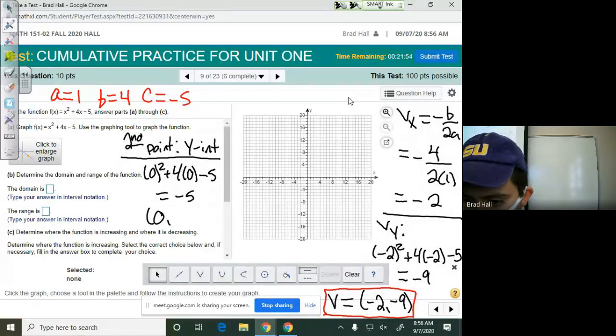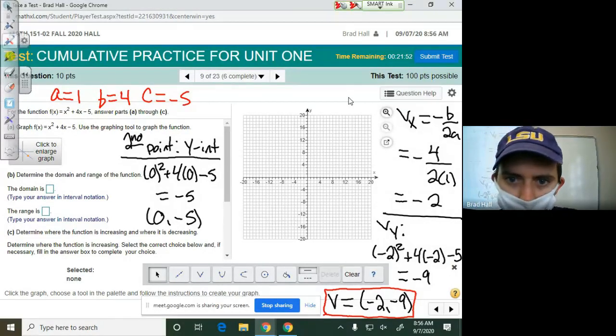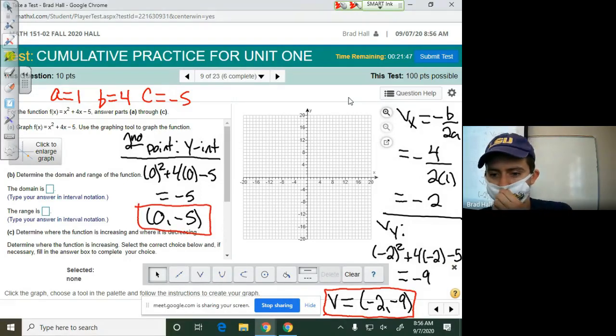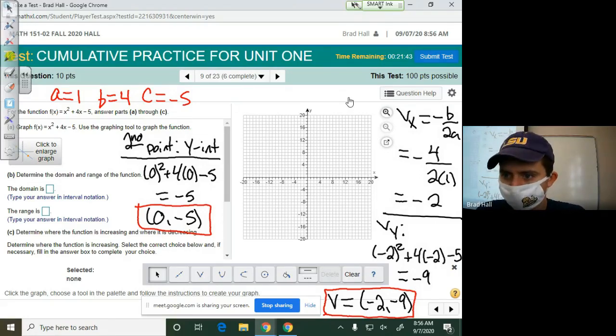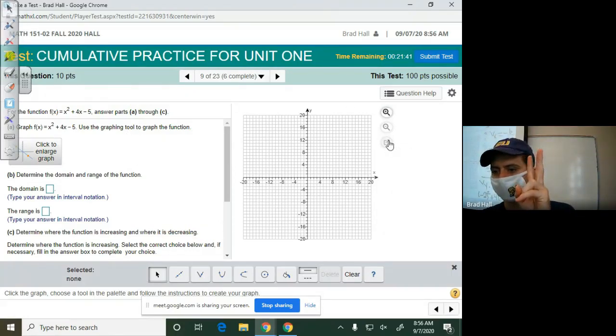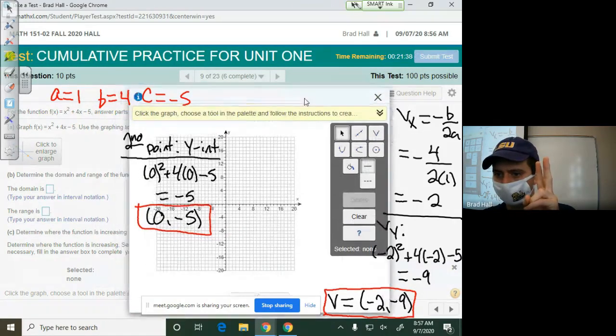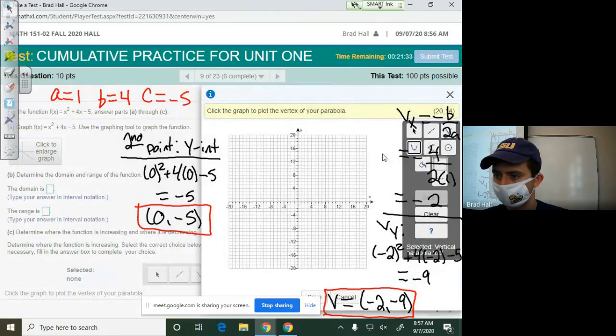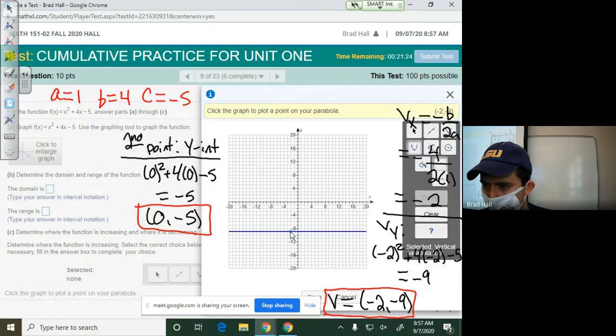So when you plug in 0 for x, you get -5 for y. And as such, now we have 2 points: -2, -9, and then 0, -5.